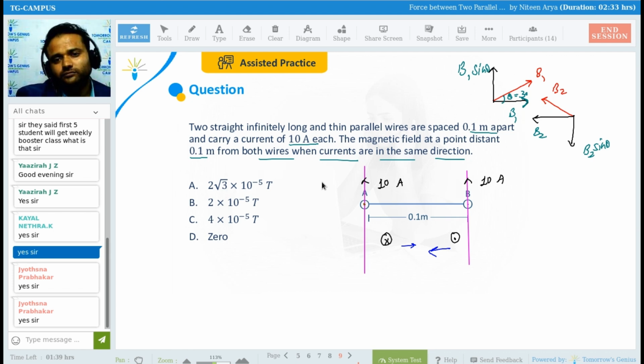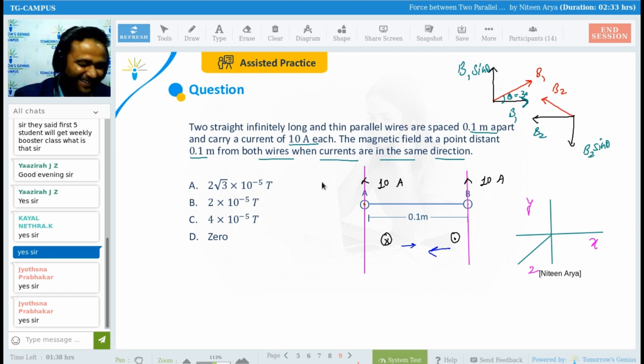One more thing. So beta, just a minute. This is the x direction, this is the y direction, this is z.